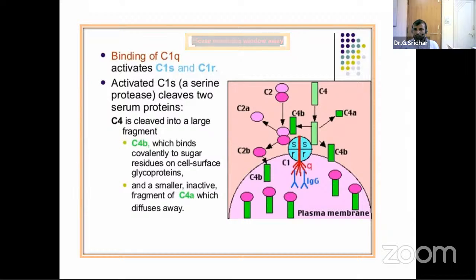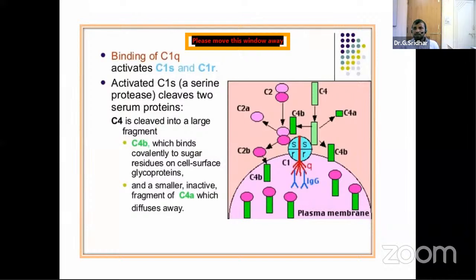I already told the exception. The larger subunit of C2 is C2a, the smaller subunit of C2 is C2b. The larger subunit C2a will make a complex with C4b and form C4b2a. Combined, you can also call it a C3 convertase.